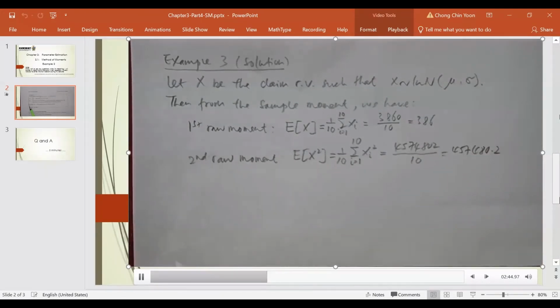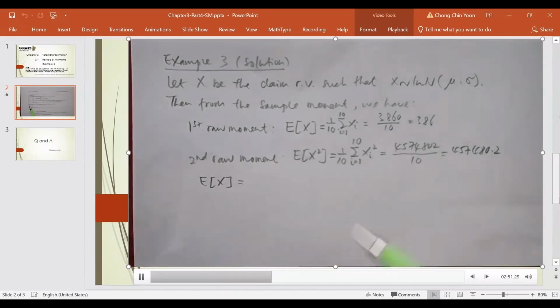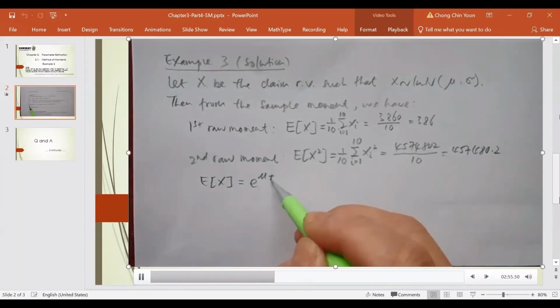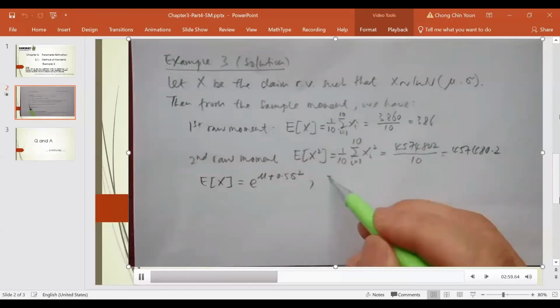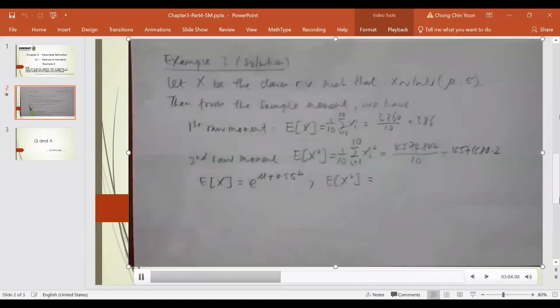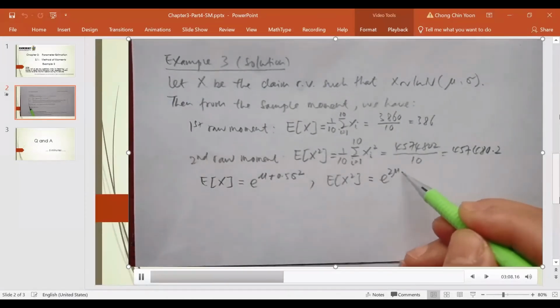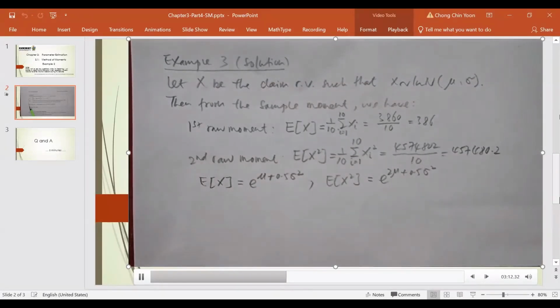457,480.2. But from table C, we have the expected value of x, which is equal to the exponential to the power of mu plus 0.5 sigma squared. And the second raw moment, from table C again, we will have the exponential to the power of 2 mu plus 2 sigma squared.